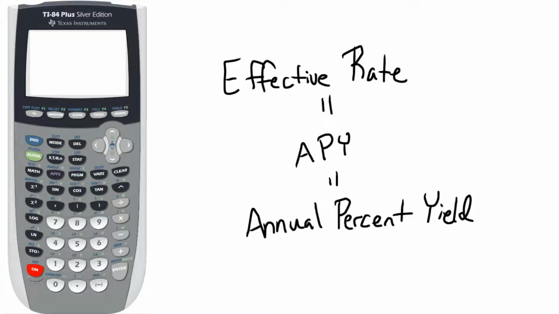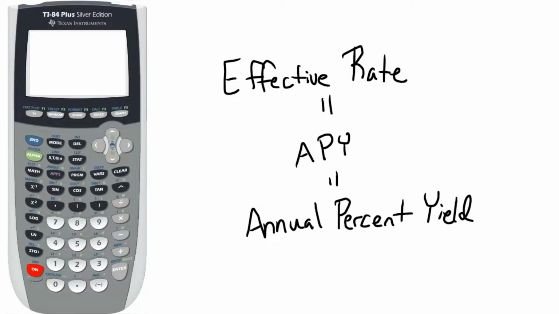So when we're looking at things in the real world, and we're trying to compare one thing versus another, it's important to have a way to standardize what the rate is as a matter of comparison. And so because of that, we've come up with what we call the effective rate, or annual percent yield, which says no matter how often we compound it, at the end of the year, by what percentage did that investment grow? So let's take a look at it.